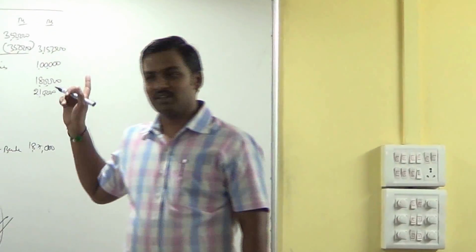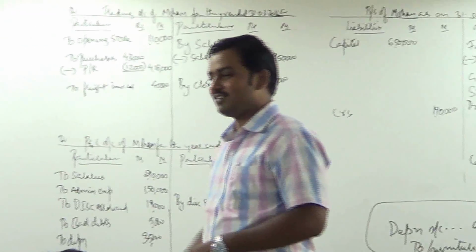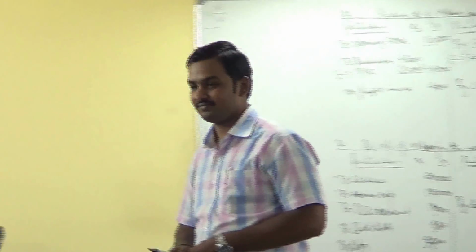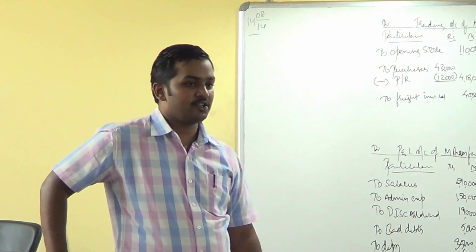It was hiding in the balance sheet, so I have gone to its hiding place and reduced the balance. So whatever impact that entry will have has been given directly in the final accounts and the balance sheet.